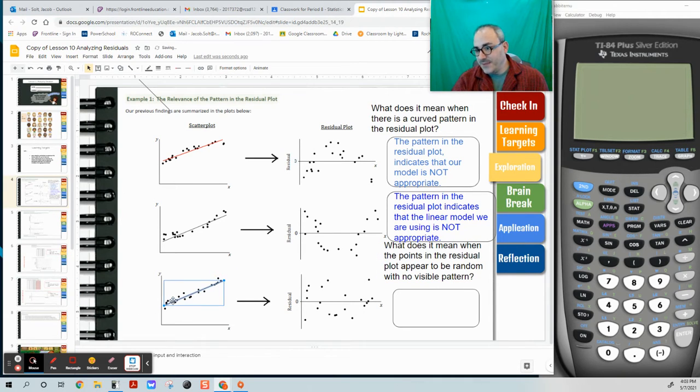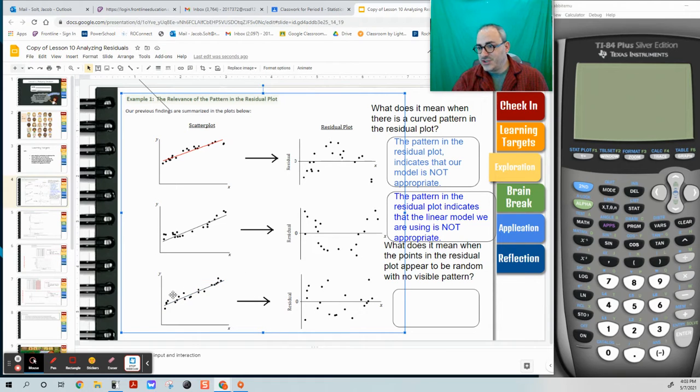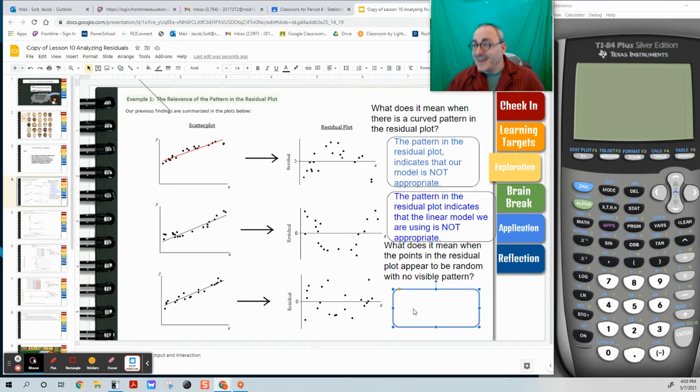I'm going to get a linear model, and now the residual is just a scattering of the data, which indicates that my model is the same shape as my data, the direction my data is going in. This time a scattered residual tells me the model is appropriate.